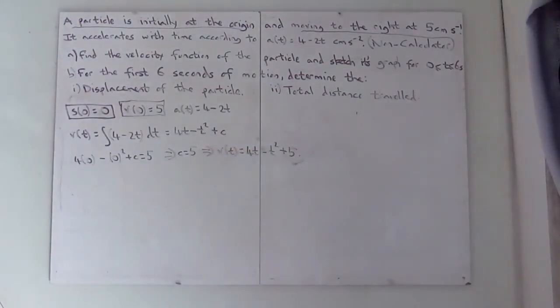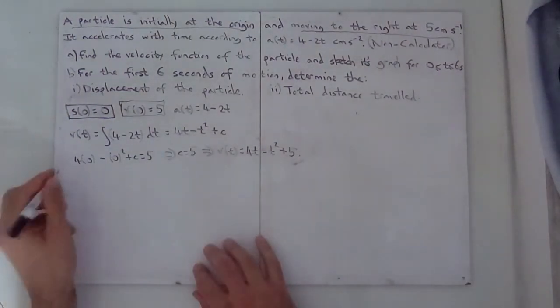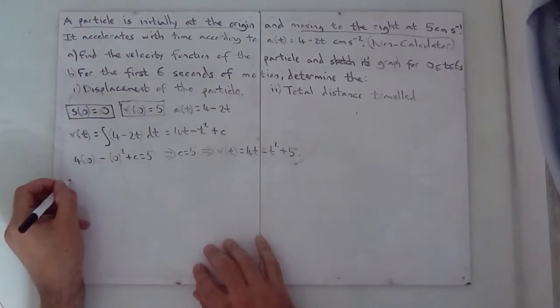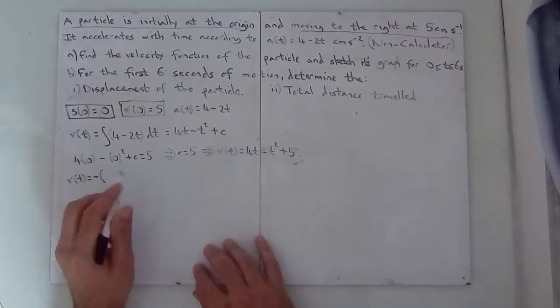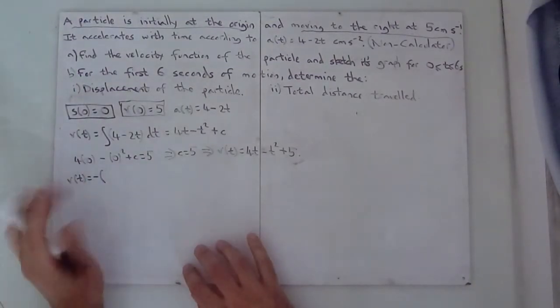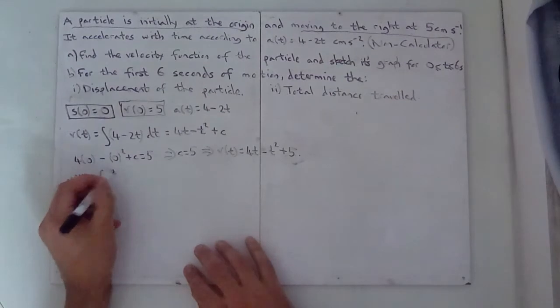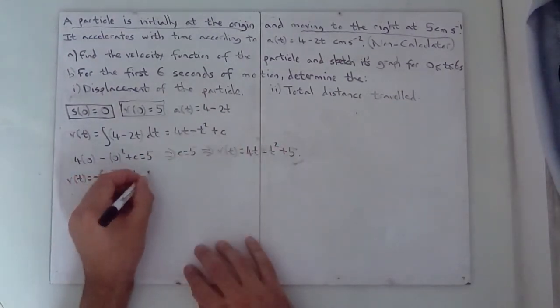So if we want to sketch its function, then really we need to find some zeros. So we're going to try and factorize this. We know this is 4t - t squared + 5. It's always a lot easier to factorize if you don't have a negative square term, so v(t) equals minus (t squared - 4t - 5).